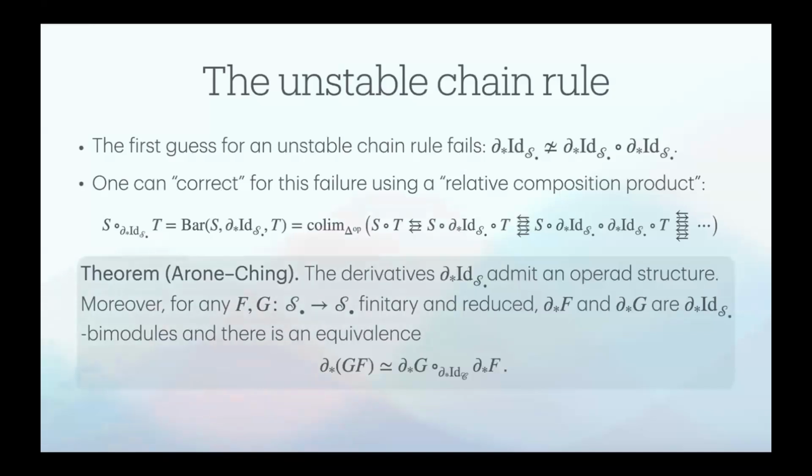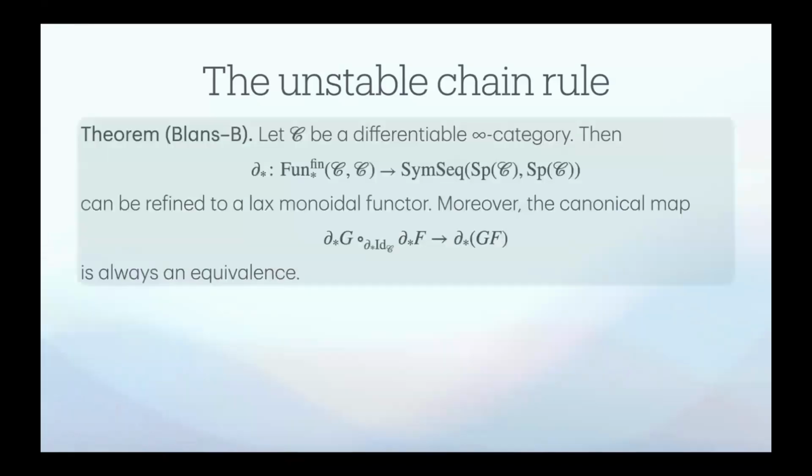So based on this, you could ask for similar conjectures as before. What if you replace pointed spaces by other categories, and can this equivalence be made coherent in any way, such that you get a more structured statement? This is what we proved in this case.